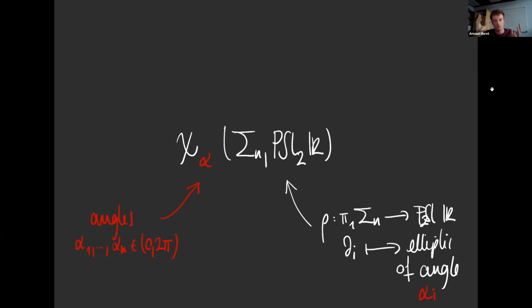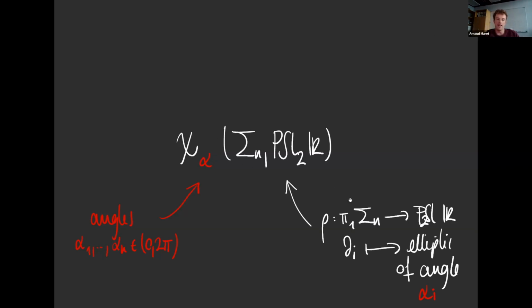And in order to get a nice moduli space of representations, because here we have a non-closed surface, we prescribe the boundary behavior around the punctures. So we are going to fix the conjugacy classes for the image of the loops around the punctures. Since we are in PSL2R, we are fixing an angle between 0 and 2 pi.